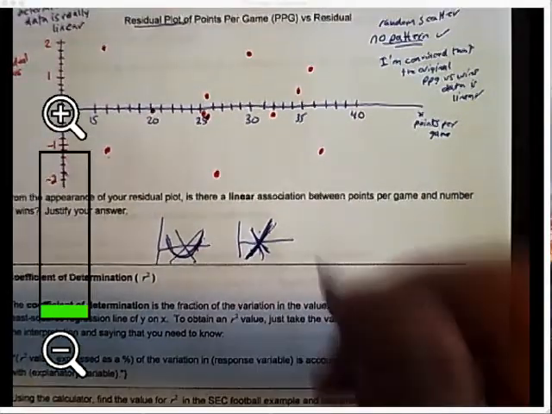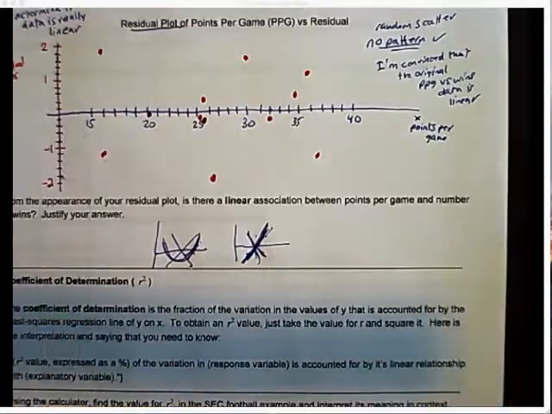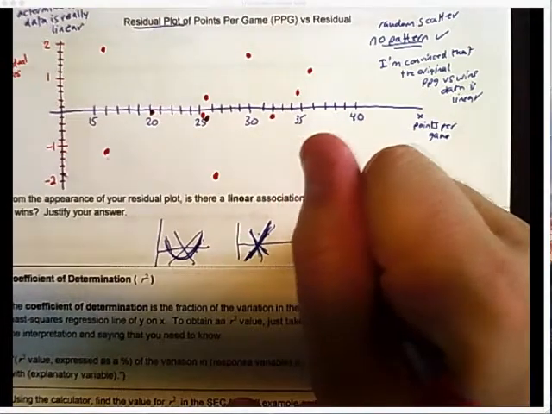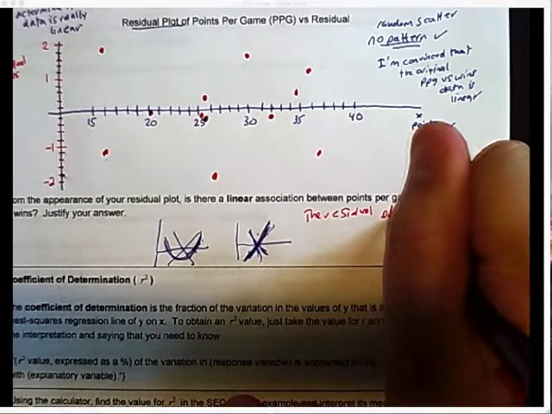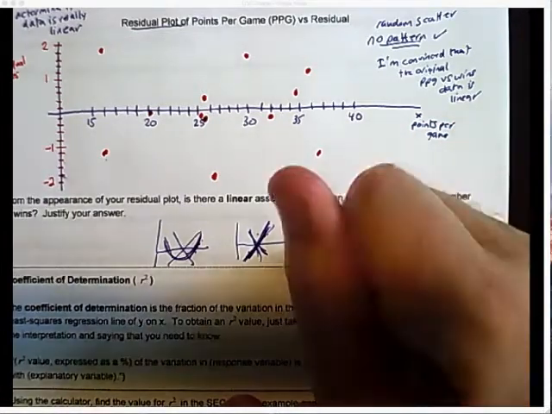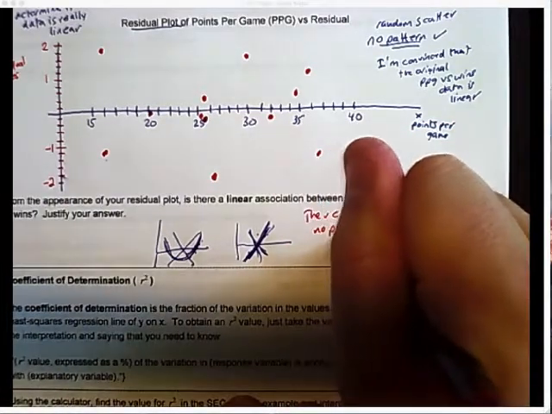Okay. So here's how we're going to say it. We're going to say the residual plot shows no pattern and random scatter.